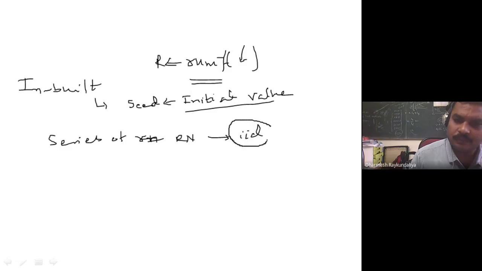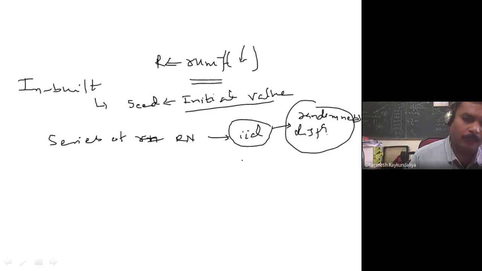IID means if you try to verify it, you are not in a position to say that they are distinguishable. That means they satisfy certain properties like randomness, and second, that they have a certain distribution. So these are the statistical properties.